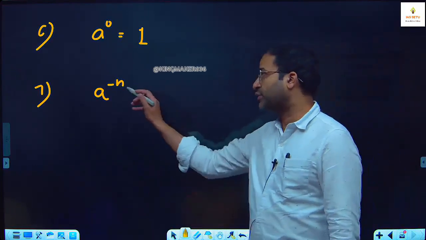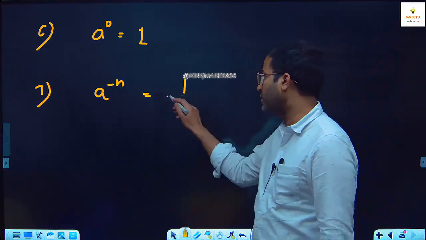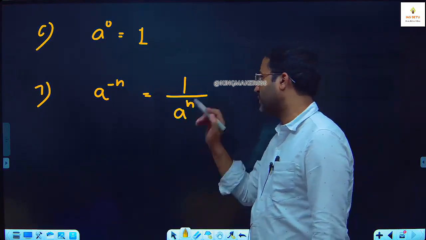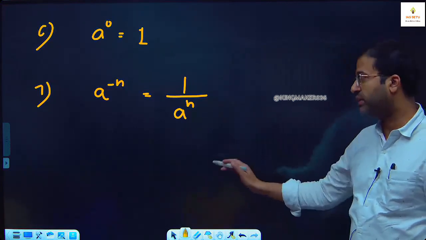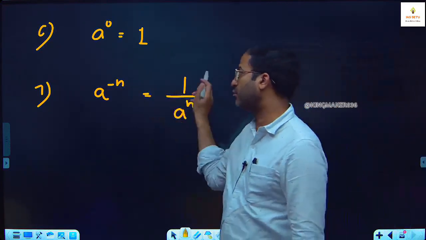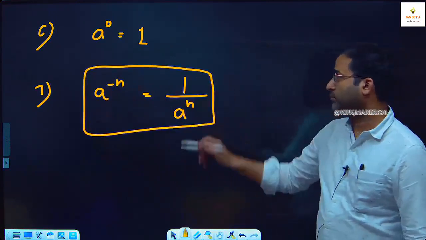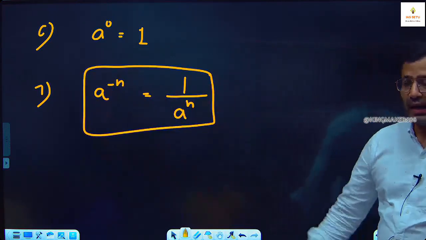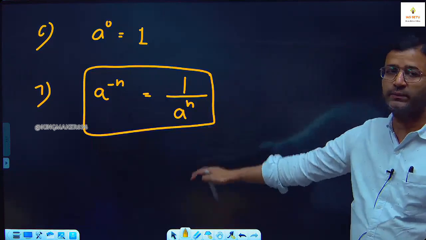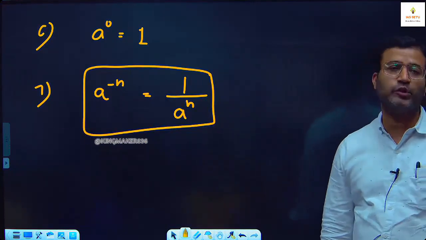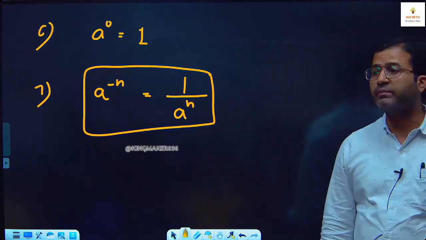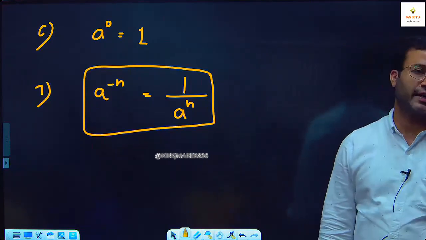You write a^(-n) is 1 upon a^n, है ना? हाँ, मतलब ये ठीक है, लेकिन कुछ लोगों को लगता है कि ये नेगेटिव होगा. Let me explain this concept so that you have an idea about negative power and positive power. Negative power doesn't mean that the entire value is negative.